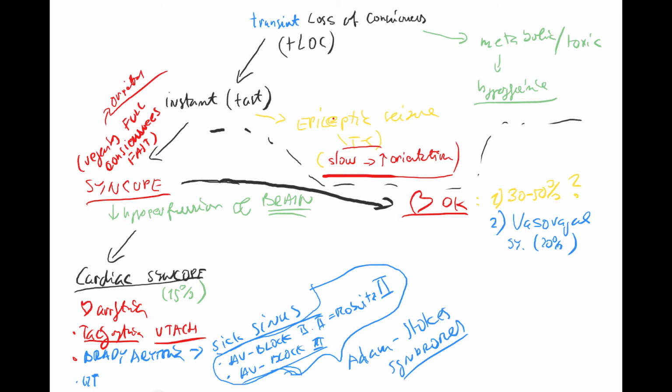So basically it's neurocardiogenic. It's because of some vasodilation. It's due to, let's say, neurovegetative lability. Okay?